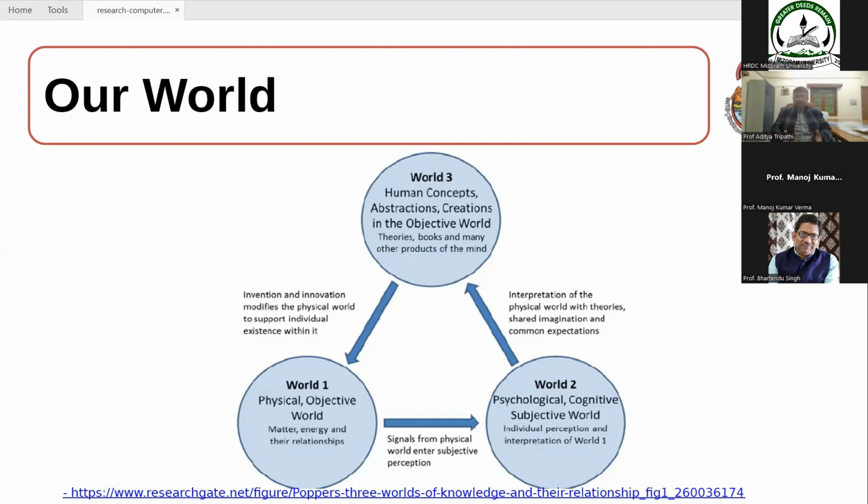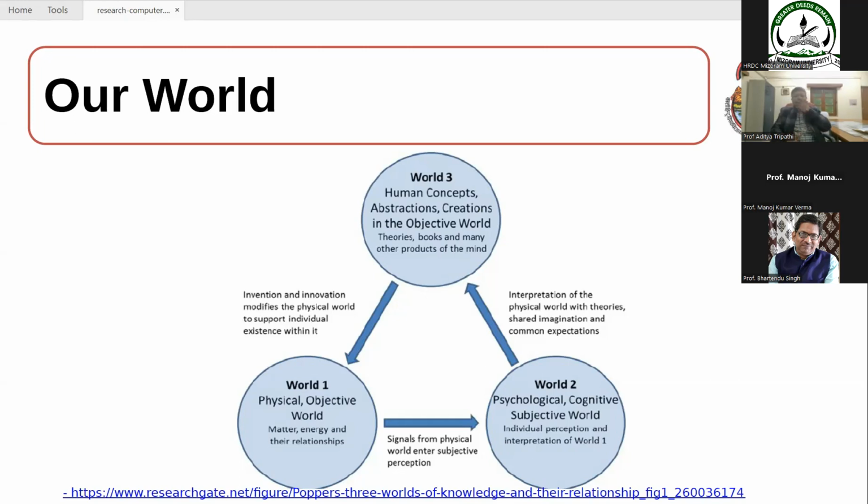Similarly, the write-up I have produced, or the outcome of my cognitive level which I have produced, it is actually our World Number Three. It may be in the form of some object. Another example I can give you, like, there is an artist.